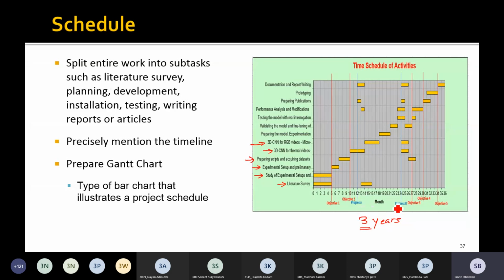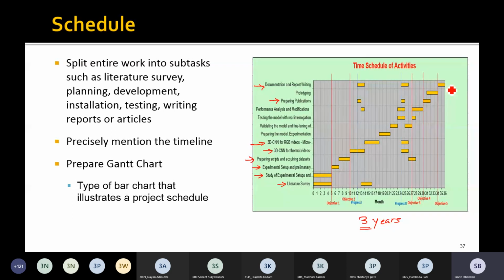If there are any progress evaluations of your project, then you need to specify that as well. So this is progress 1. A yearly progress report needs to be submitted for this 3-year project, so yearly progress 1 and progress 2 have also been mentioned. Please see one task here: preparing for publications, documentation and report writing.